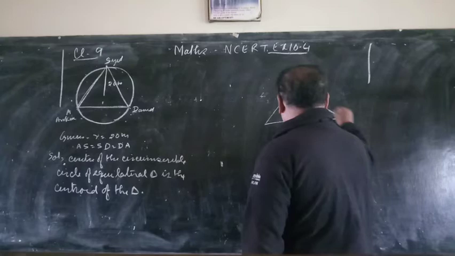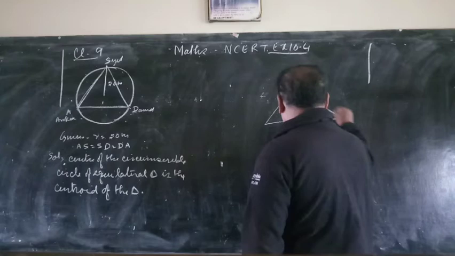CC means circumscribed circle. So AO is to OM is equal to 2:1. Out of AO and OM, we have been given the value 20. What is 20? 20 is the value of which part? Radius. The radius is which part, AO or OM? AO. So AO is equal to 2 and OM is equal to 1 according to this fact.